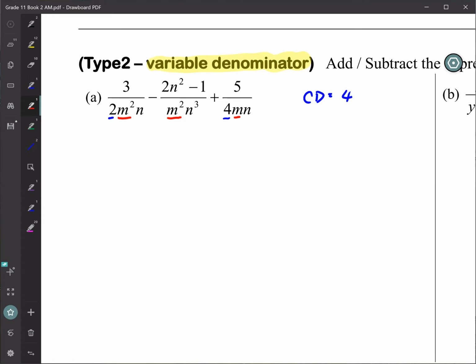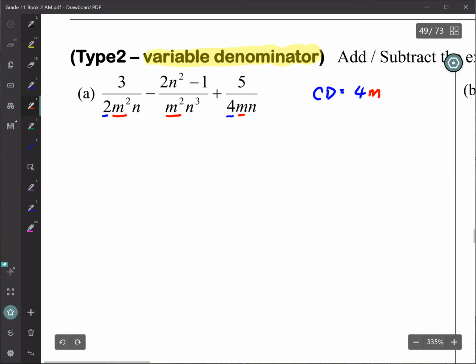What is the common denominator for this one, Colin? M. M? Well, inside the m, do you see m squared? Colin, do you know what I mean?